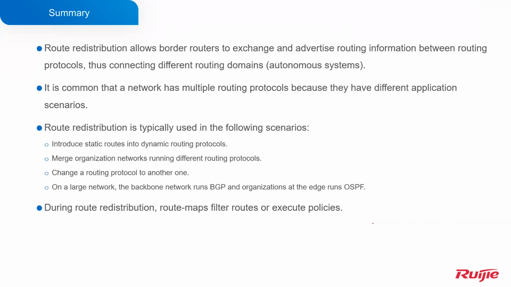During the route redistribution, route maps filter routes or execute policies. And about the route map, especially you should be able to read and configure them to achieve different requirements. Okay, that's all for the route redistribution part. Thanks for listening.